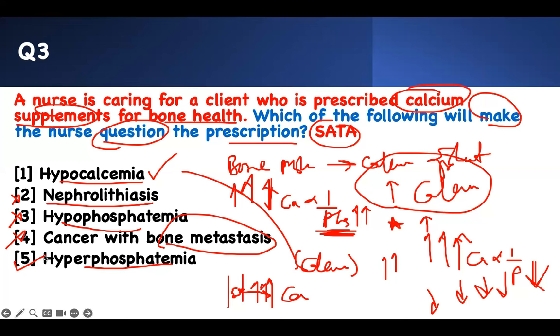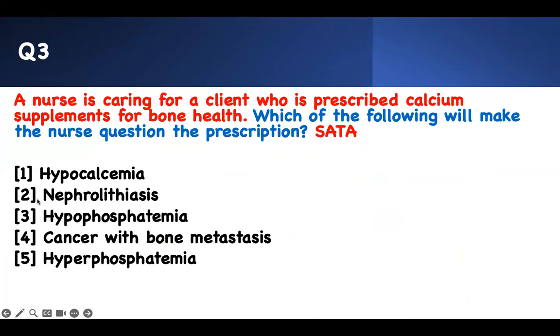If you already have high calcium from bone metastasis from cancer, your calcium is high. If I give you calcium, it's going to be too high. Therefore, the right answer, some people get confused, is check, check, and check because the question said, question the prescription. So these 2, 3, 4 are the things you need to question.